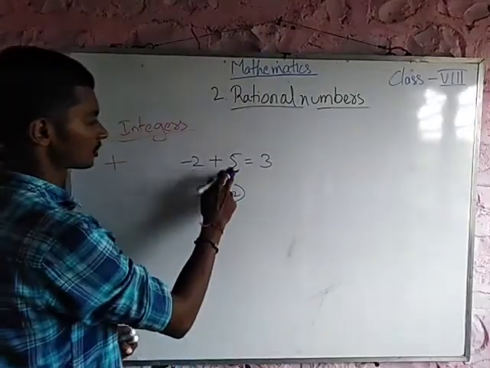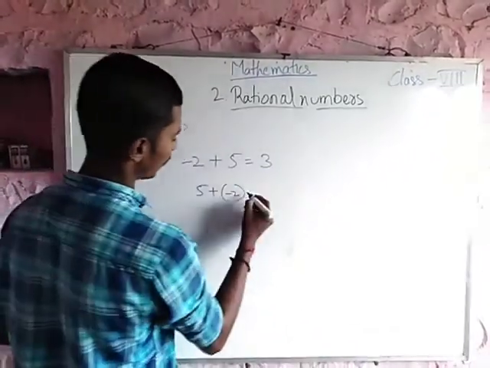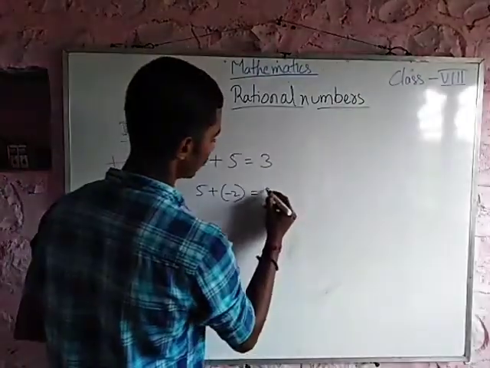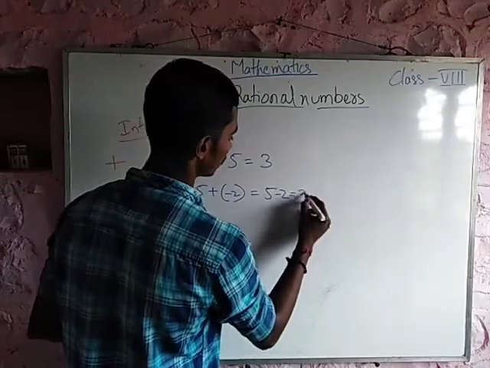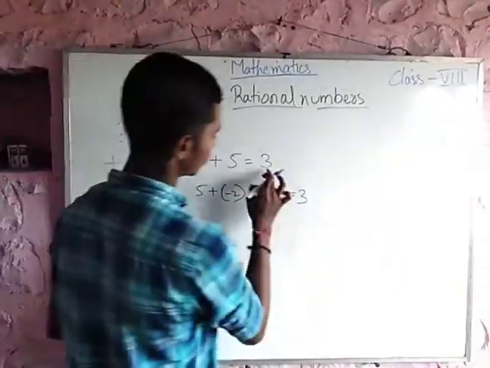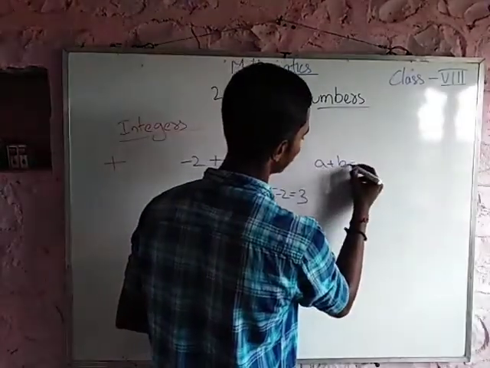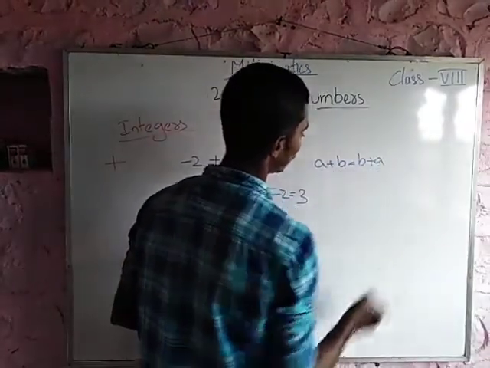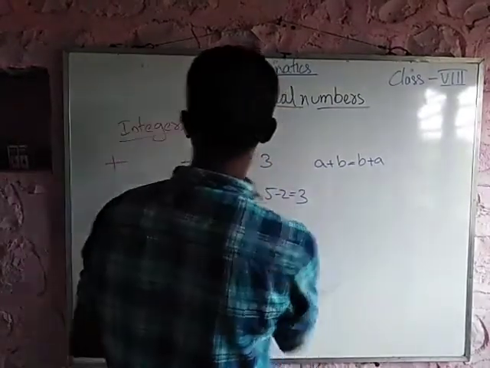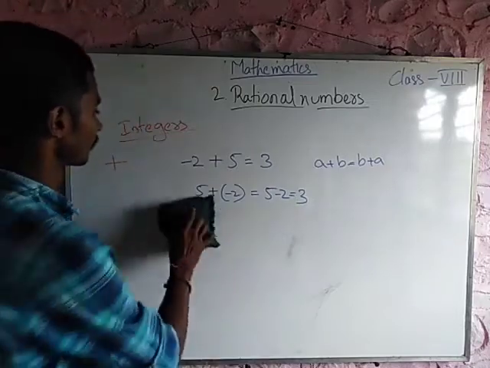This is an integer, this is an integer, and I got a result 3. This is 5 minus 2, which is equal to 3. See, a plus b is equal to b plus a, because we have the same results. Hence integers are commutative under addition.